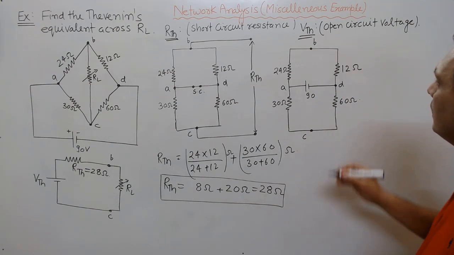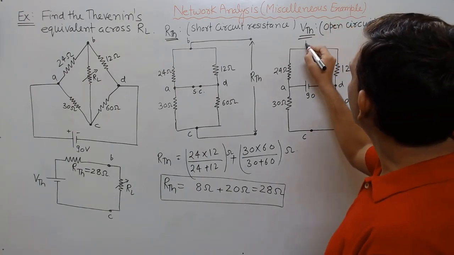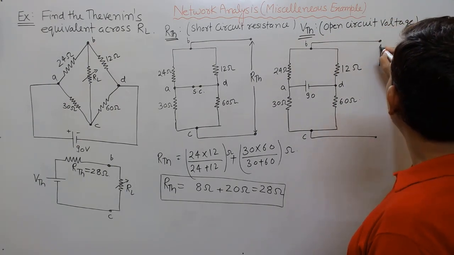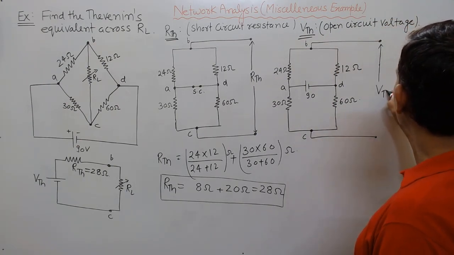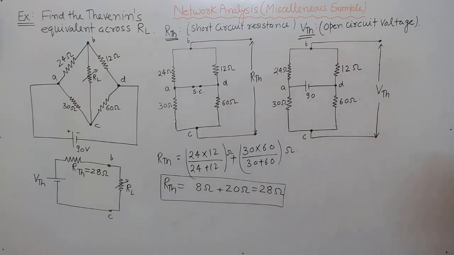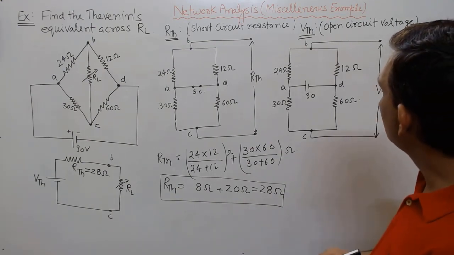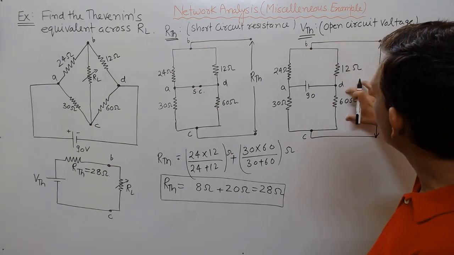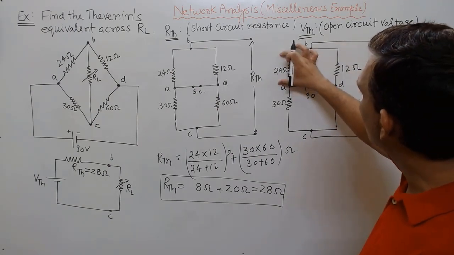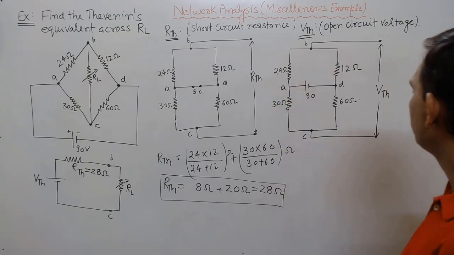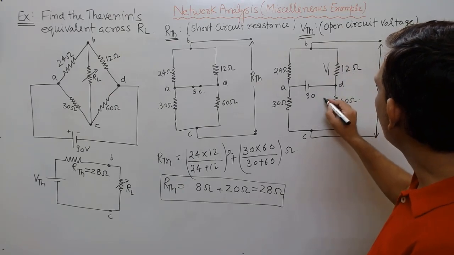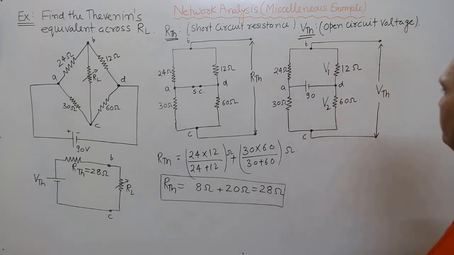This is 90 volt. So now measure this voltage, the open circuit voltage across BC. This will be VTH. So you can easily see VTH is the voltage drop across this plus this voltage. Assume the voltage drop across this is V1 and the voltage drop across 60 ohm is V2.